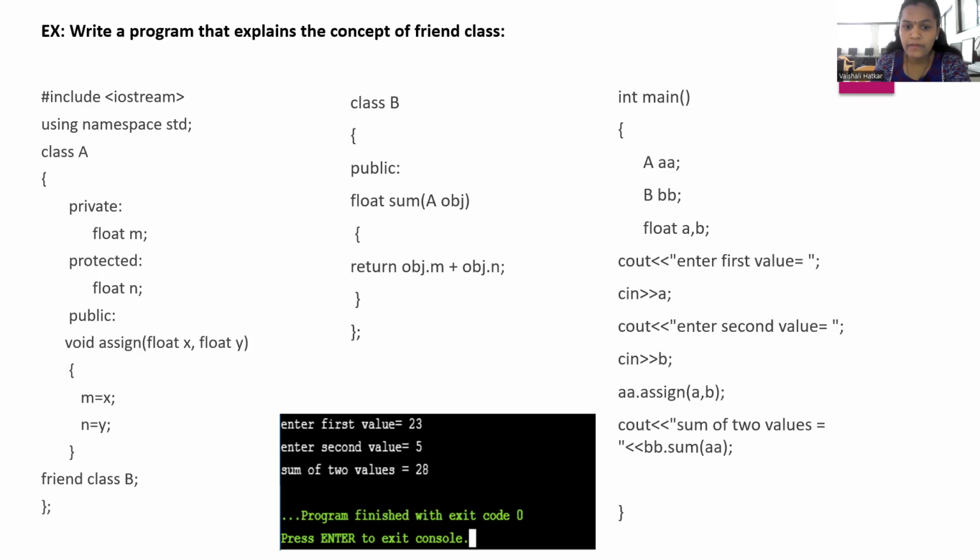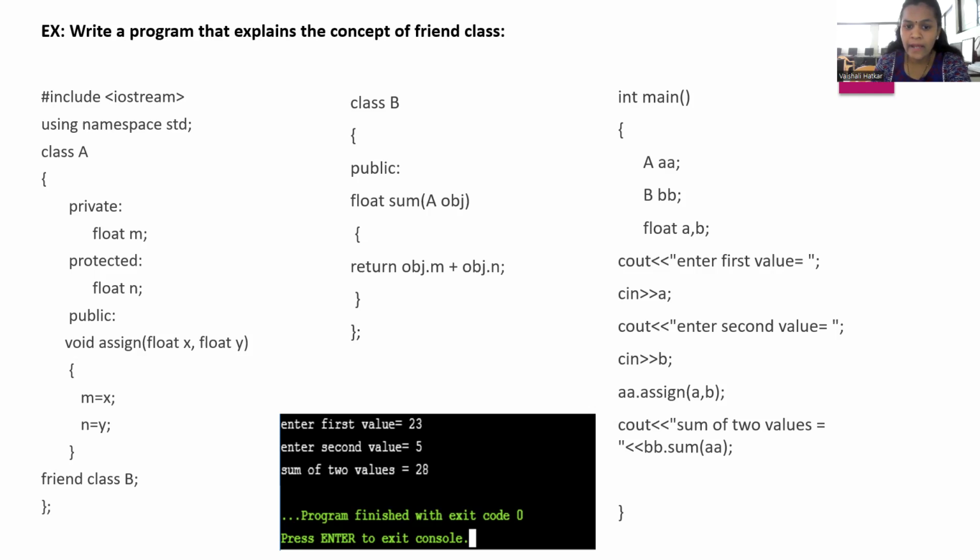Then it gives you the addition of the two variables, that is object.m plus object.n. We are accessing m and n, which are not declared in class B, because m and n are the private and protected members of class A. How are we accessing them? We made class B a friend of class A, so we have the right to access those private and protected members.